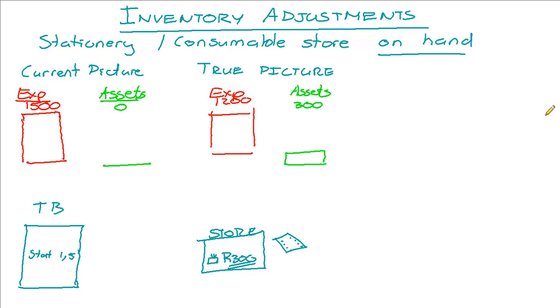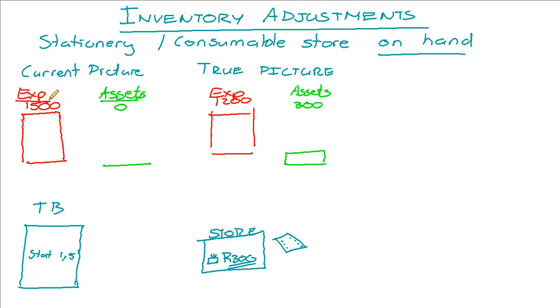Right, so the adjustment is going to simply be the difference between the true picture and the current picture. So initially, when we did our transactions during the year and we purchased the stationery, the full 1,500 was recorded against expenses. Because when you buy the stationery, you're going to assume that all of the stationery will be fully consumed or used during the year. And if something is fully consumed or used, there's no more benefit that you can get from it.